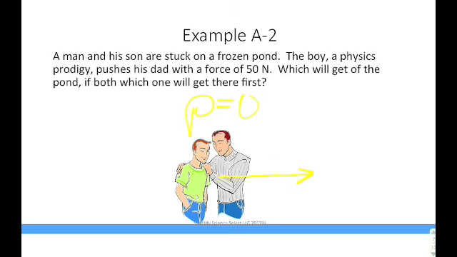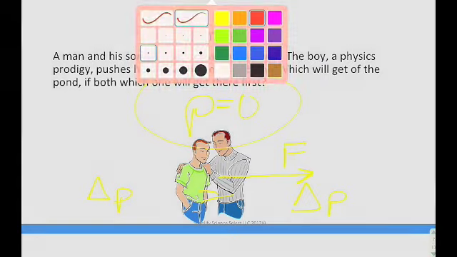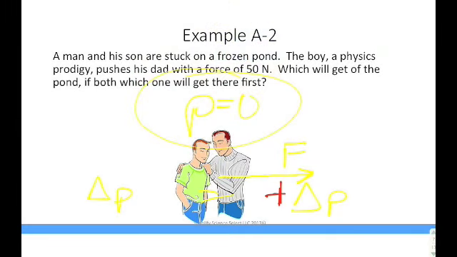Then the boy exerts a force on the dad of 50 newtons, and as a result, the dad is going to have some sort of change in momentum. That change in momentum is then going to occur on the boy. Because together they have to add up to 0, I have to have a positive change in momentum and a negative change in momentum, and they have to be the same value so that it cancels out to be the 0 that it was to begin with.